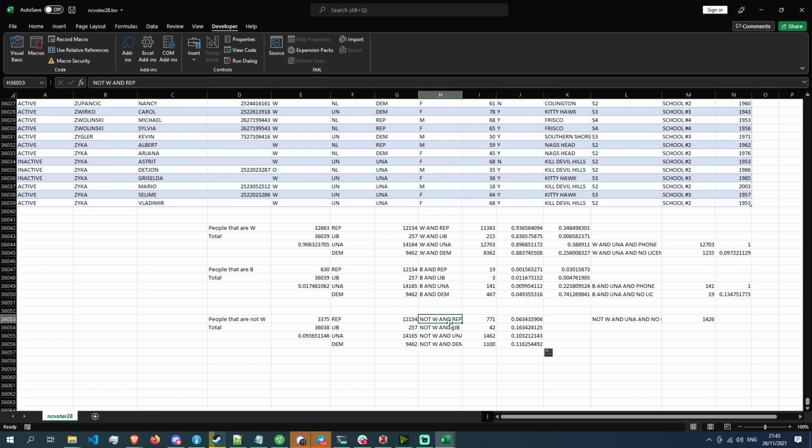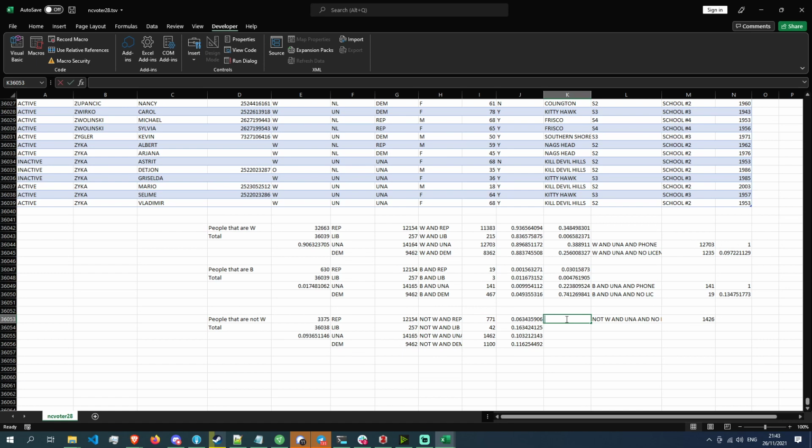So, yeah, is that actually doing this correctly? No, 6% of Republicans are not white. There we go. I'm saying it upside down. And this is of all the people. Okay, yeah.